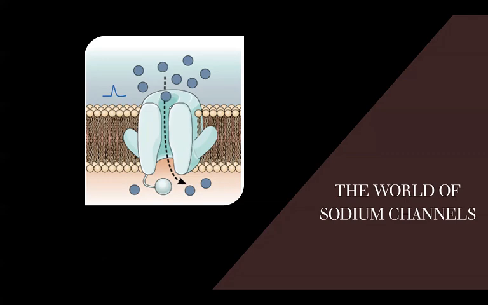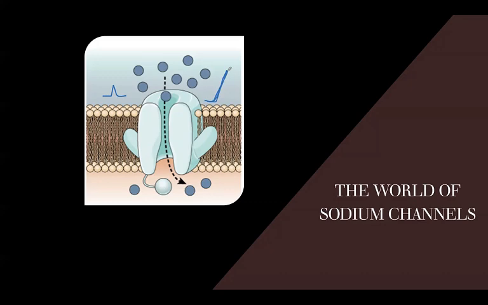And so sodium rushes in because the channel opens, and this is supposed to cause what we call depolarization. And when that depolarization occurs, we are going to have the rising phase of our action potential. Too much of this will cause too much excitation in our brain.